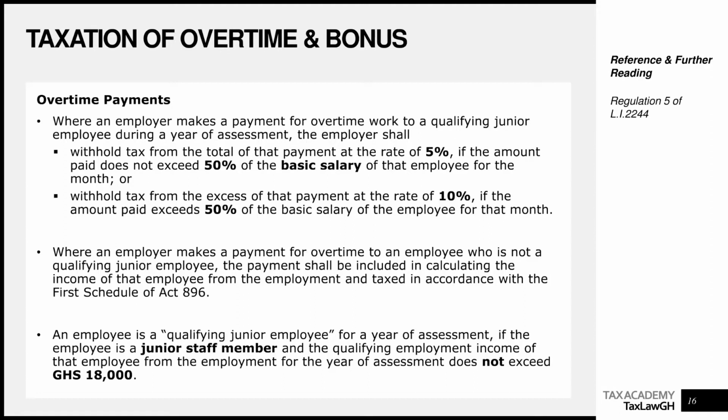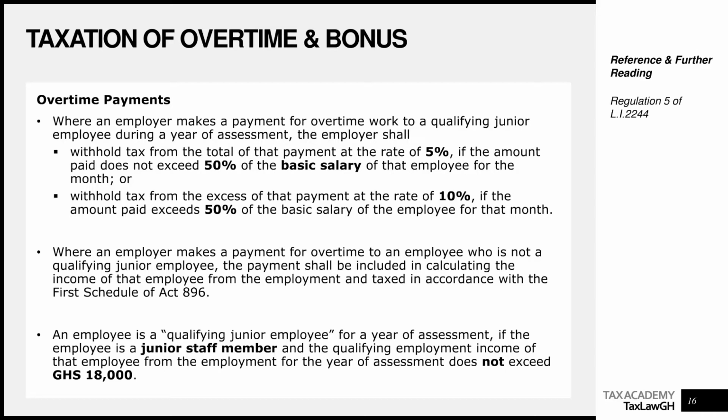During the year of assessment, the employer shall withhold tax from the total of that payment at the rate of 5% if the amount paid does not, take note, does not exceed 50% of the basic salary of the employee for the month, or withhold tax from the excess of that payment at the rate of 10% if the amount paid exceeds 50% of the basic salary of the employee for the month.